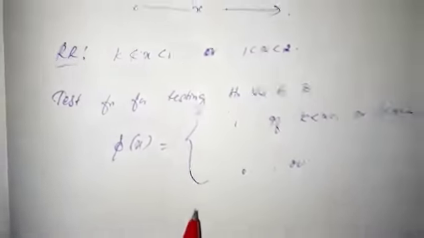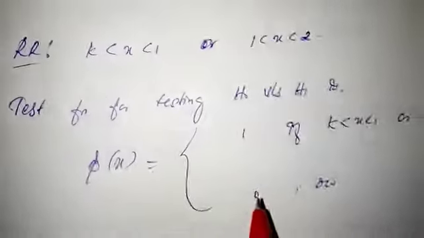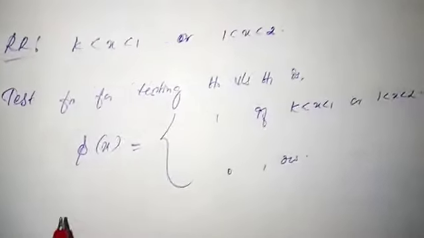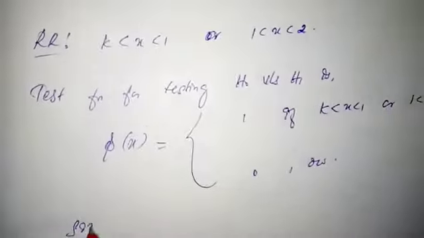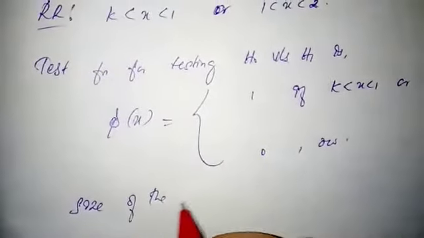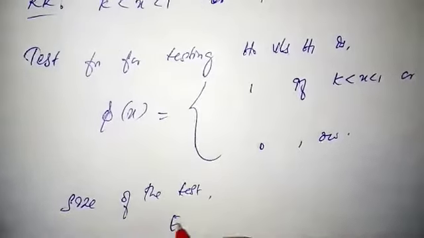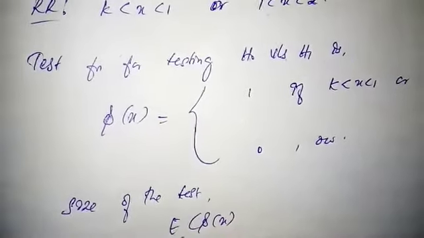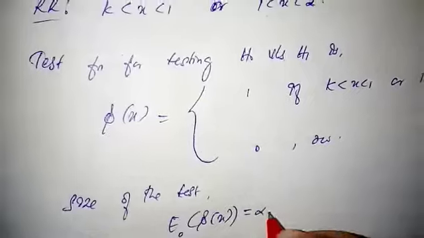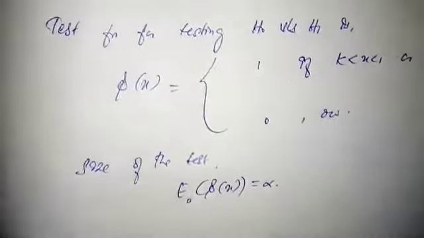Then we have to find out the size of the test and also the power of the test. What is the size? Size of the test is the expectation of phi of x, which is equal to alpha.